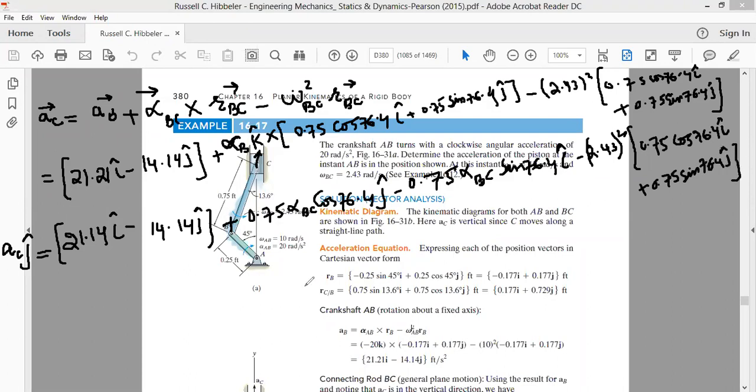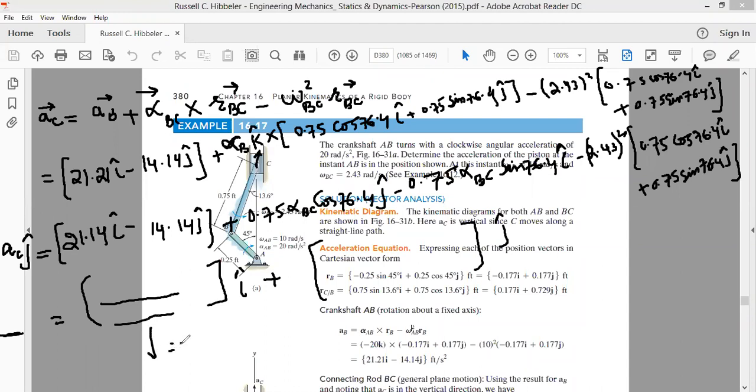Now the second step, which the students will perform themselves, is summing up all the i components and writing them together, and writing all the j components together. As far as the i component on the left-hand side is concerned, there is no i component on the left side, therefore all the i components on the right-hand side should be equal to 0.